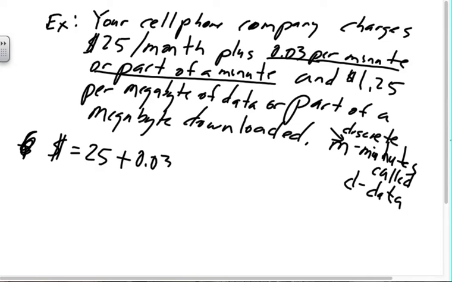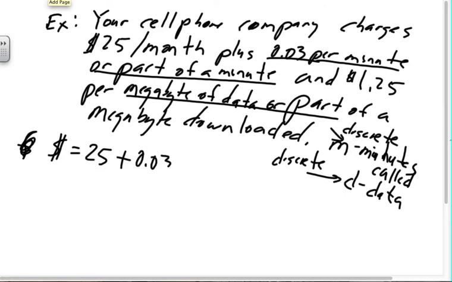It's now per megabyte or part of a megabyte, okay? So you download 1.01 megabytes, they're going to charge you for 2 megabytes of data. So this is also discrete. Because both of these are discrete, our resultant equation will be discrete.